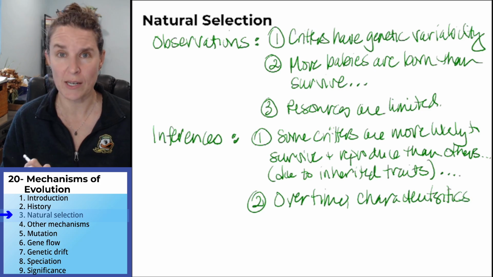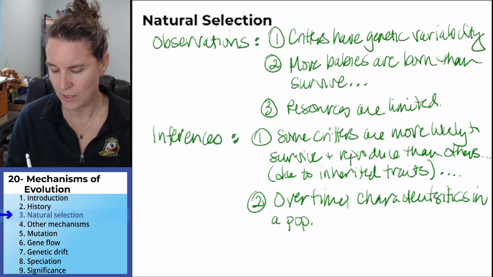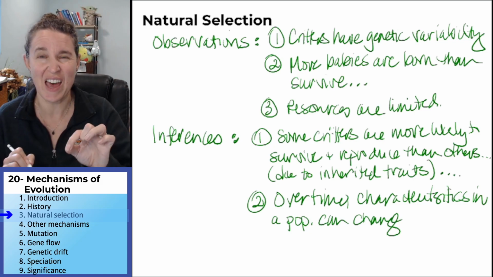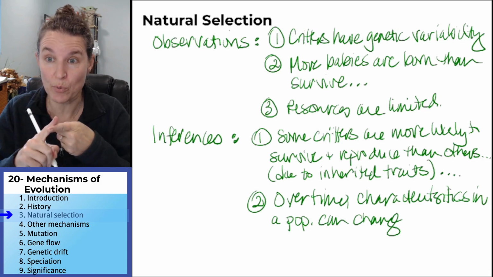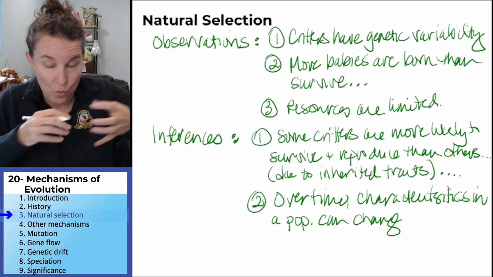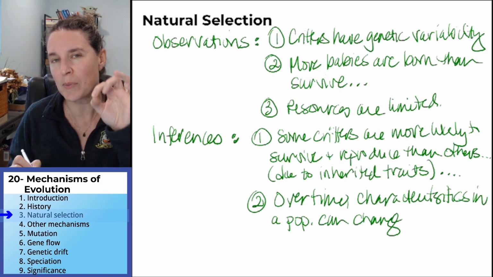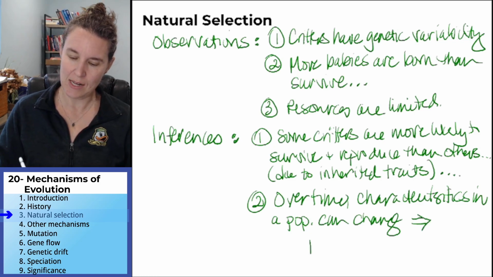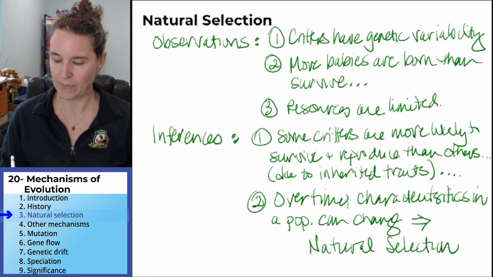Because some critters are more likely to survive and reproduce than others, they're more likely to pass on their genes. Over time, characteristics in the population can change. And guess what he called that? Natural selection.